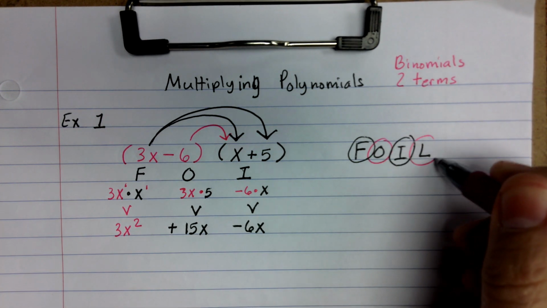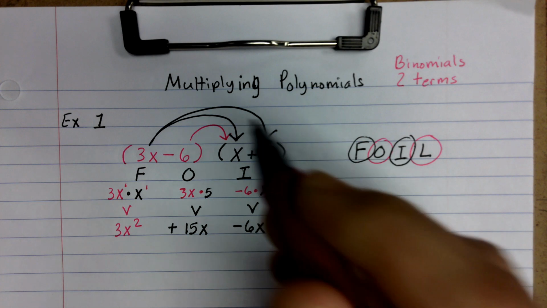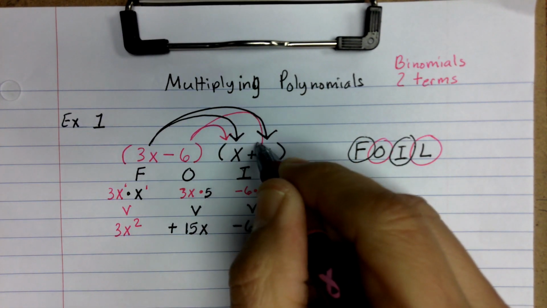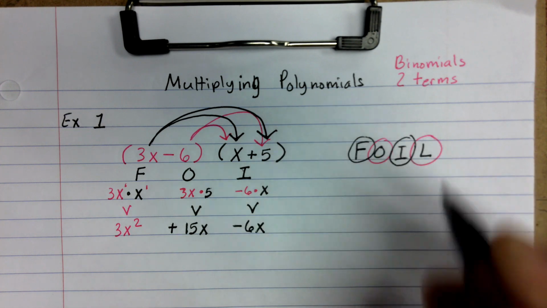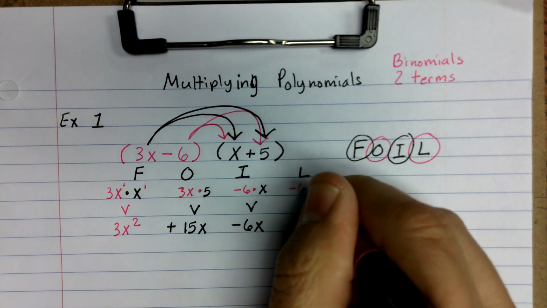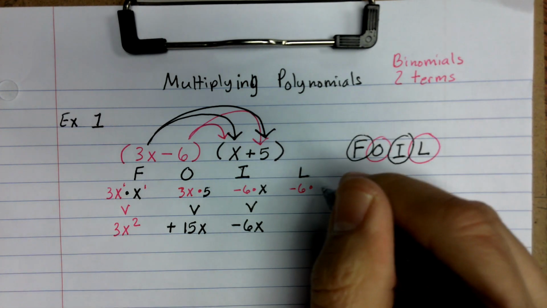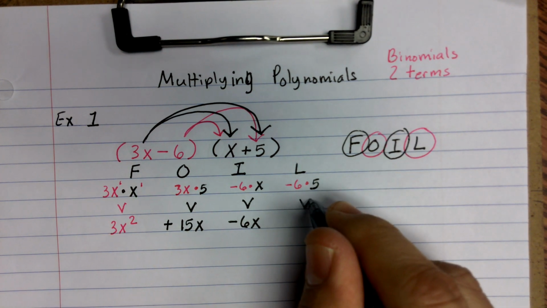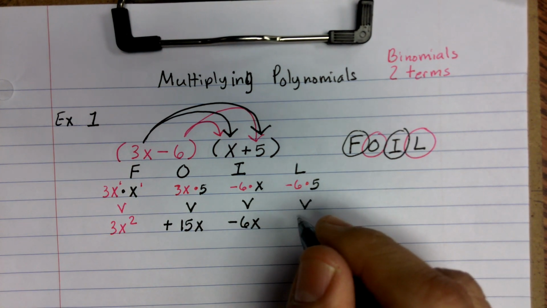And now we'll deal with the L, which stands for last. We take this negative 6 and multiply it to the last term, which is positive 5. So negative 6 times positive 5 is going to give me negative 30.